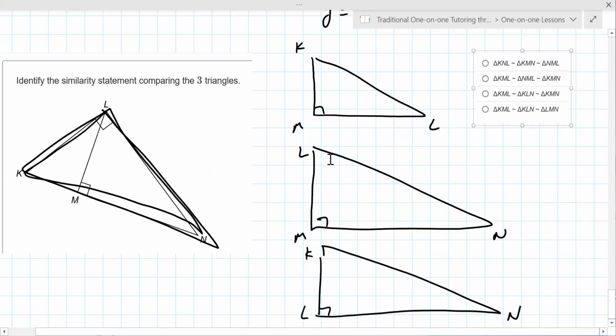That one's out. Look at the second one: KML, that's good. NML, also good. The direction matters.